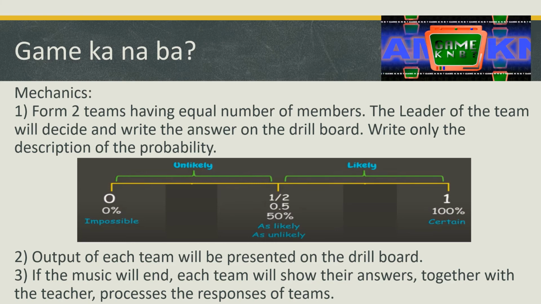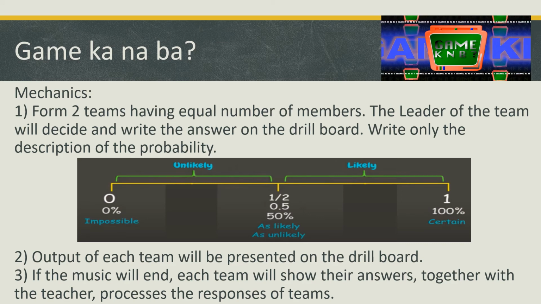Are you familiar with the game Ka Na Ba? Hosted by Chris Aquino? These are the mechanics of the game. Number 1. Form 2 teams having equal number of members. The leader of the team will decide and write the answers on the drill board. Write only the description of the probability. 0 means impossible.